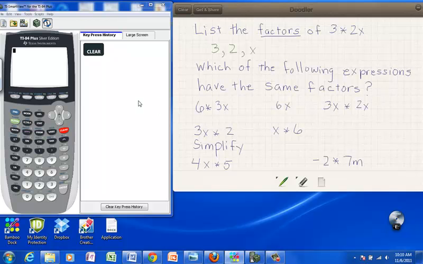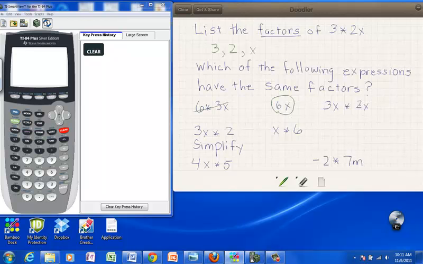Okay, have you thought through that? So let's take a look. 6 times 3x. Well, 6 is already 3 times 2, and there's another 3 factor, so this has too many factors, and it's not the same factors as up here. 6x, well, 6 is 3 times 2, and there's an x factor, so this does have the same factors as 3 times 2x.